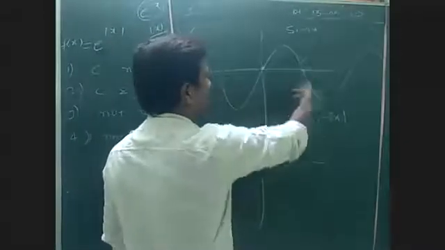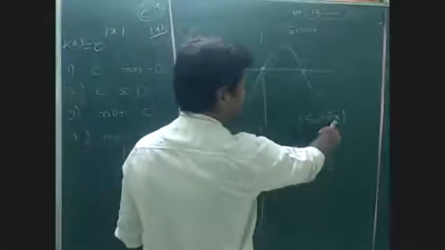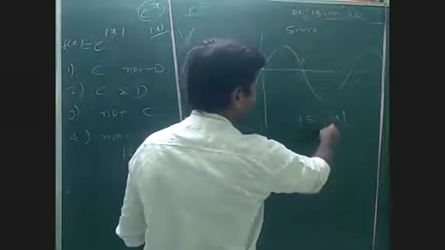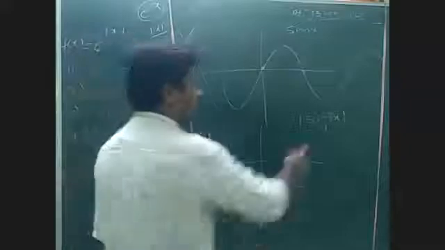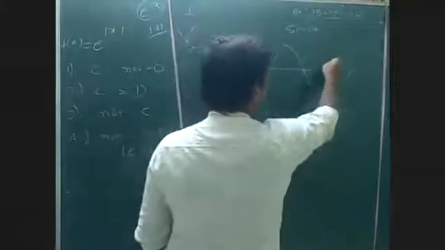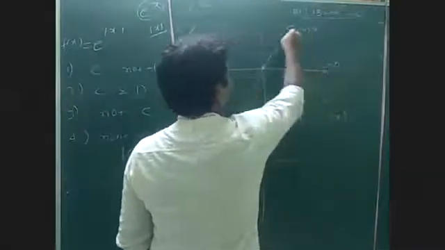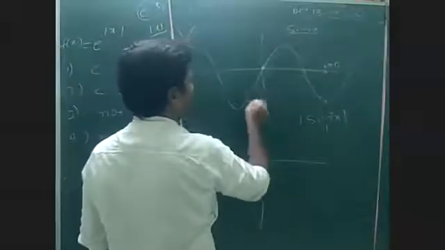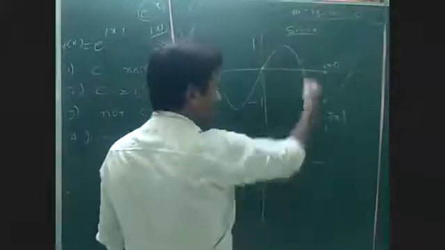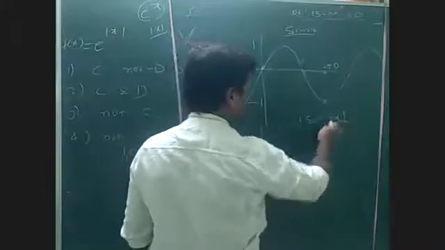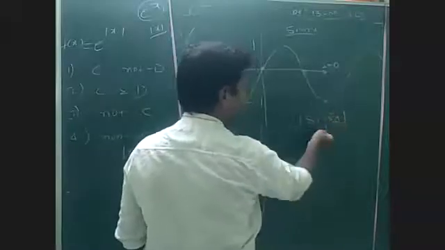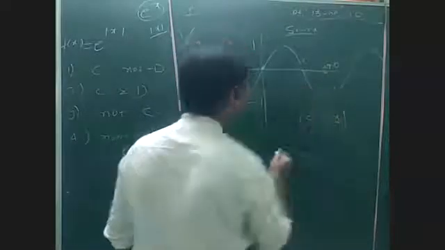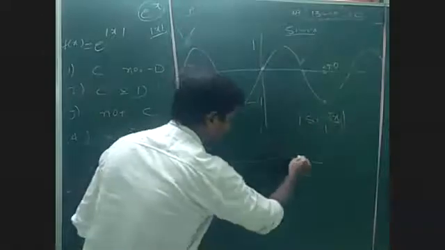Whatever the negative value we get, for example, sin 270 is minus 1, modulus of minus 1 is plus 1. So we'll get the graph like this.